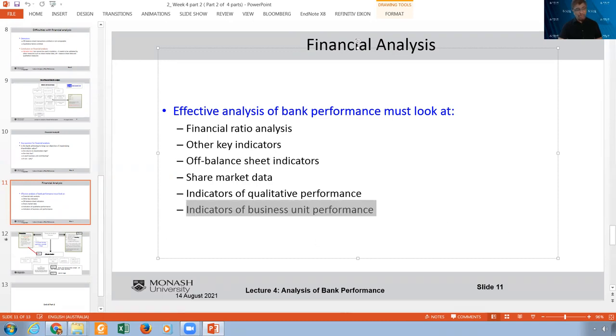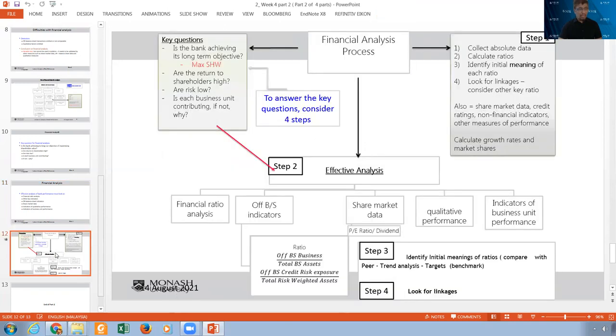So we have to look at how each business is contributing, how the qualitative side is doing, and how the share market data and balance sheet look, in addition to our financial ratios. This is a very interesting thing to see. So the question is that we need to maximize the shareholders' wealth, and we have to ask those questions.